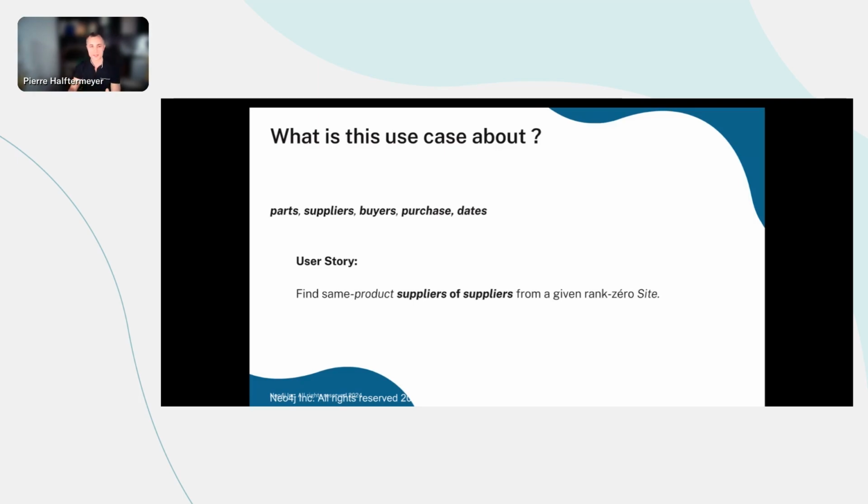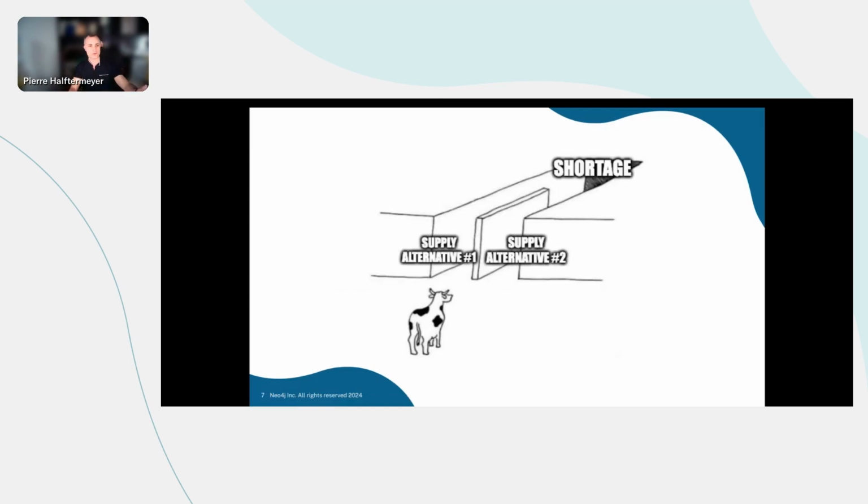So you are in a site and you want to know the suppliers you have and the suppliers of your suppliers. Let's say this is the picture. You want to have several alternatives for a given purchase, because if there is a shortage for one of your suppliers, you want to be able to use another way to get your product.